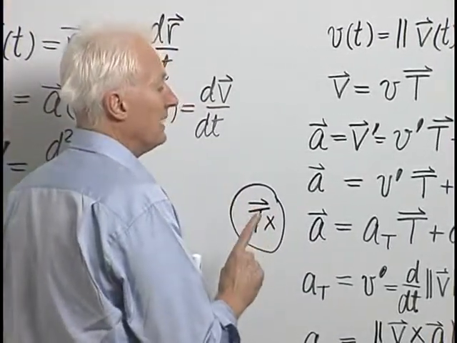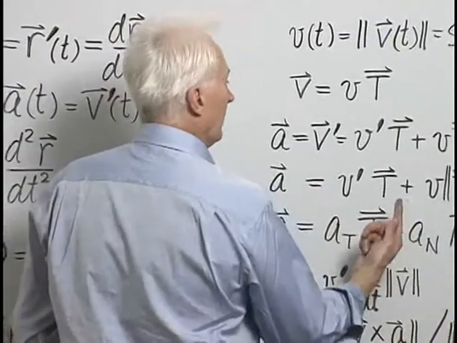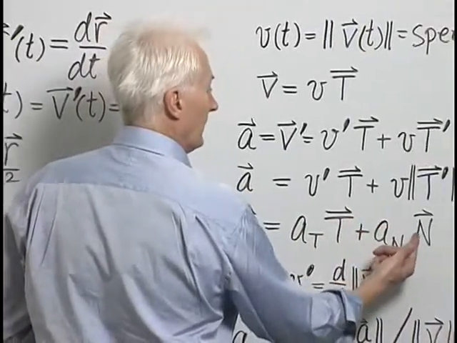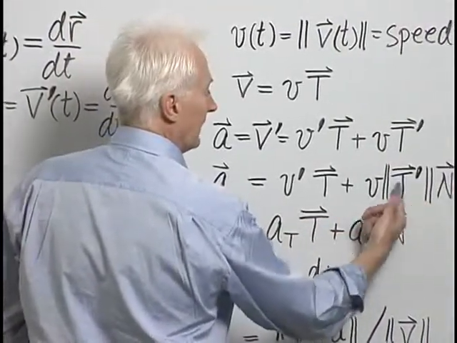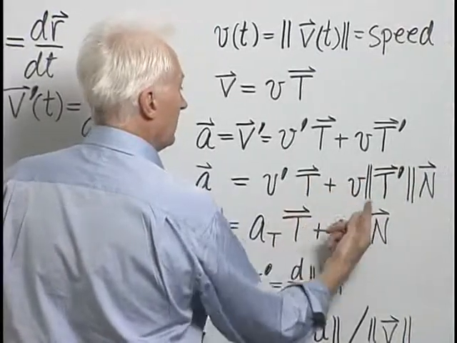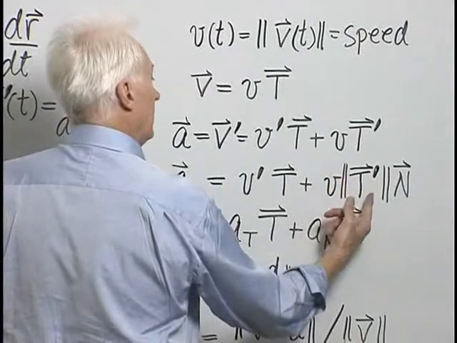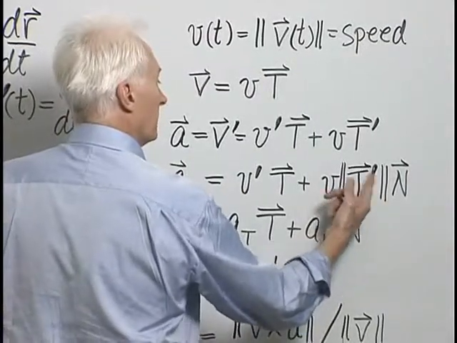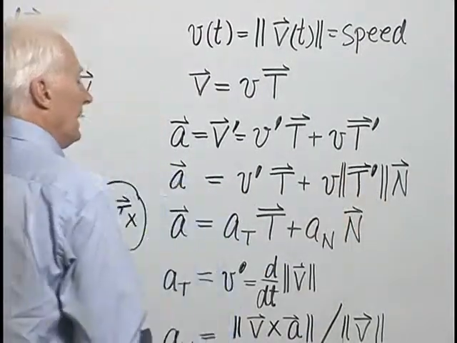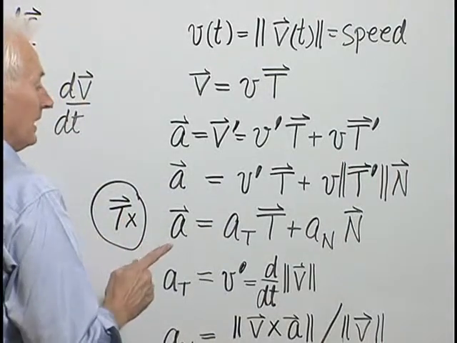And one more thing to keep in mind, the computation of the normal vector itself can get lengthy because you've got to compute the derivative of the speed and then divide that into the derivative vector itself. And here's one thing to keep in mind.